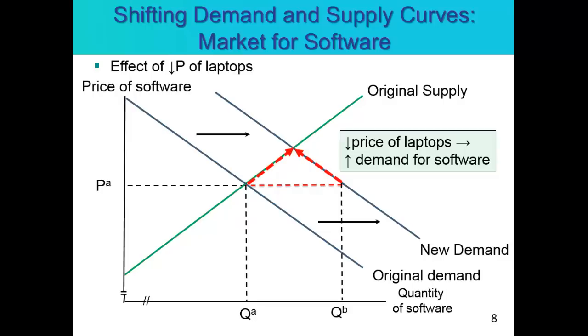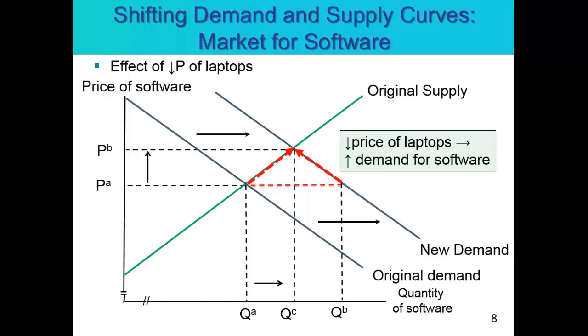The quantity demanded will decrease as the price increases, and as the price increases, the quantity supplied will increase until we get to our new equilibrium. At this new equilibrium, relative to the original price, the new price is higher, and relative to the old equilibrium quantity, the equilibrium quantity is higher.